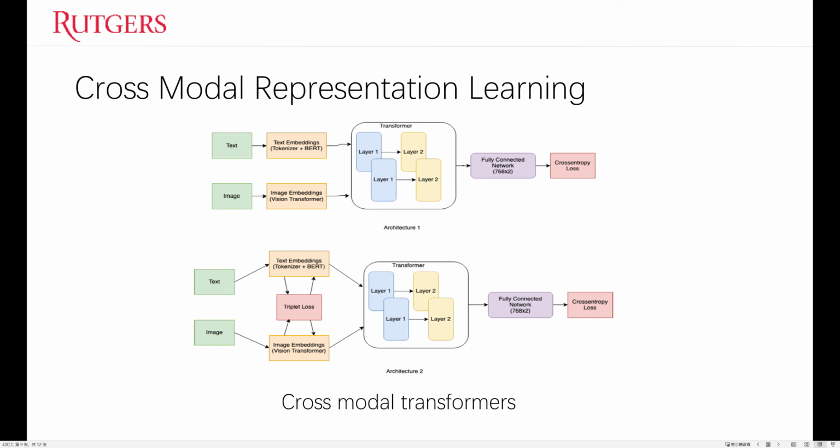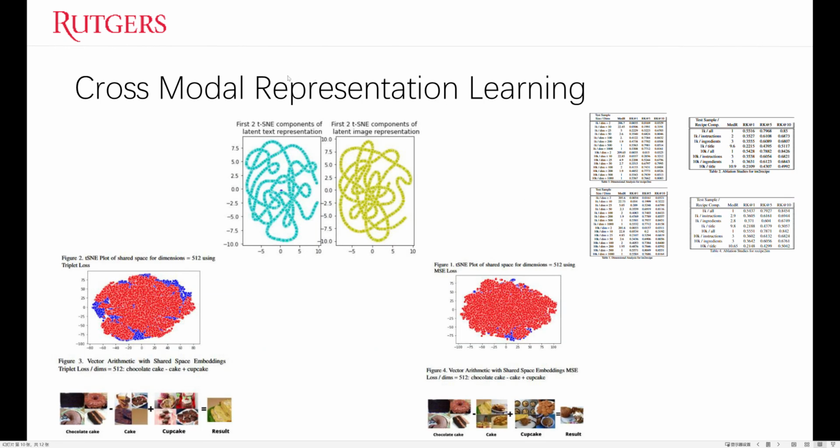Then I use cross entropy loss to train the whole model, and this model performs much better than the previous two. During model design and training, we also did several visualizations, ablation studies, and dimensional analysis. And here are our details.